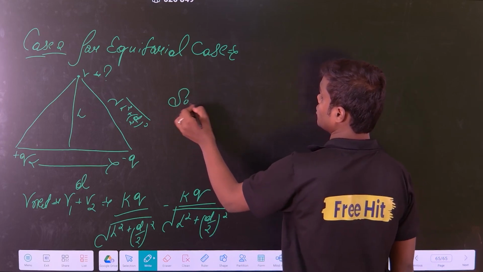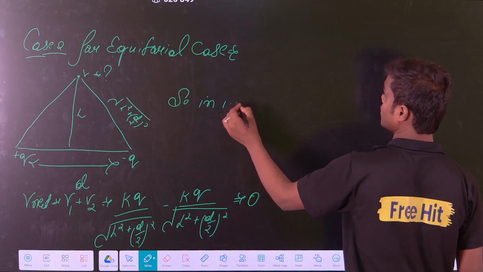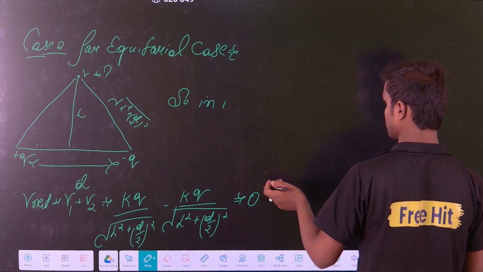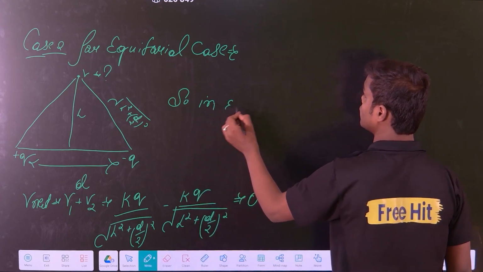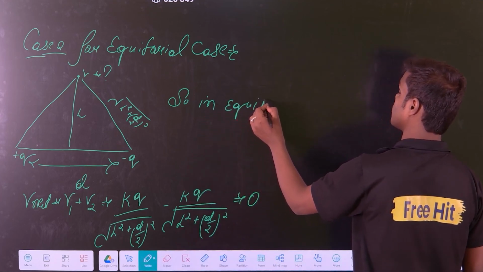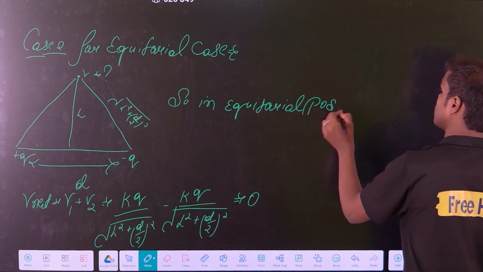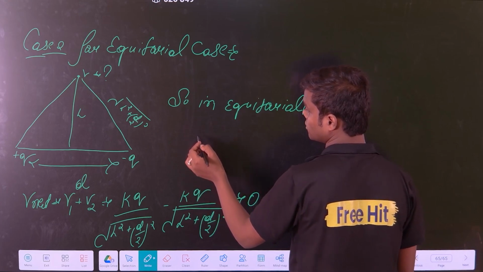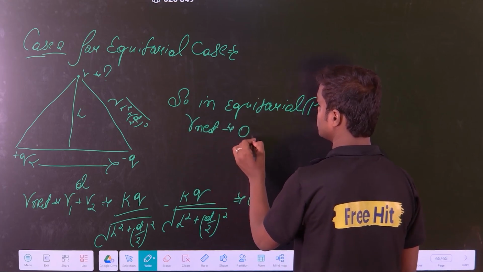So in the equatorial position, and that is a very important result, V net is equal to 0.